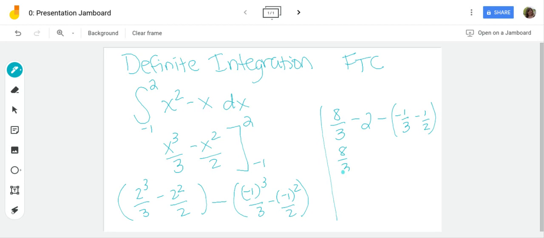So I have 8/3 minus 2, distribute the negative, plus 1/3, and then plus 1/2. All right, so then I've got 8/3 plus 1/3, that's going to be 9/3, so that's 3 minus 2 plus 1/2. So my answer is going to be 1.5.